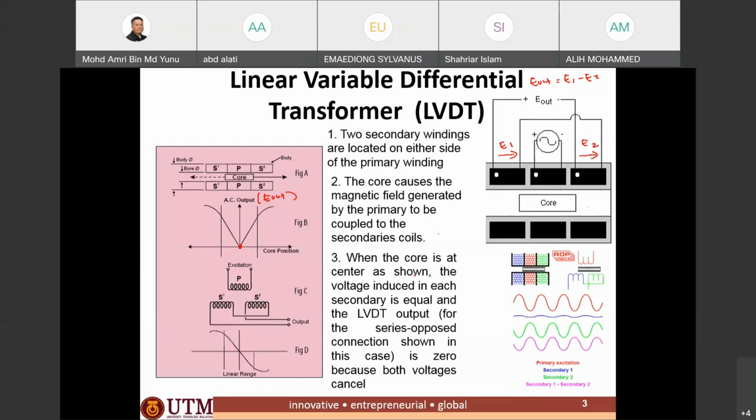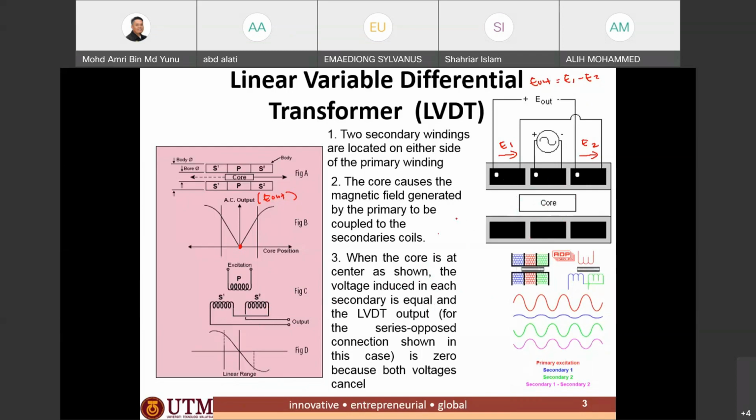So, for instance, in the example, when the core is at the center, the amount of electromagnetic flux that links to the first part of the secondary and the second part of the secondary is equal.